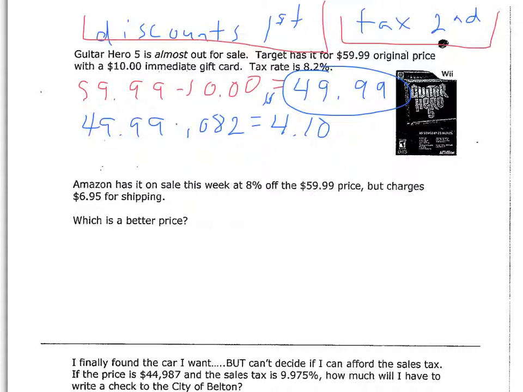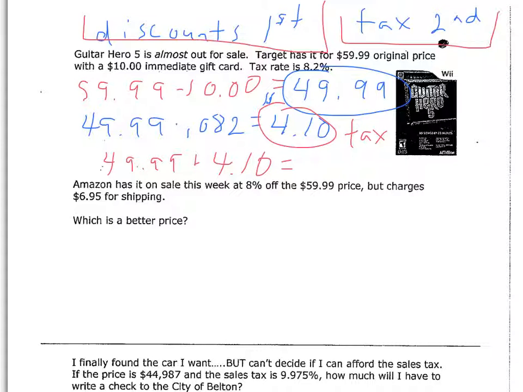Okay, and this amount right here, the $4.10, that is the amount you're paying in tax. Okay, so when you pay tax, you know that you're always paying more. So you take your price after discount, $49.99, and you're going to add in your tax, $4.10.